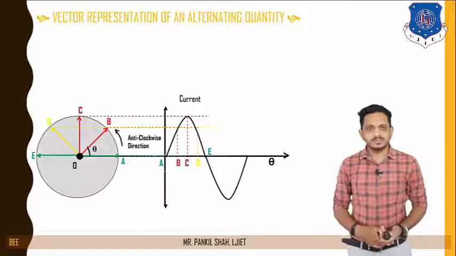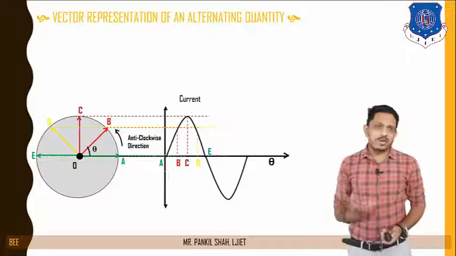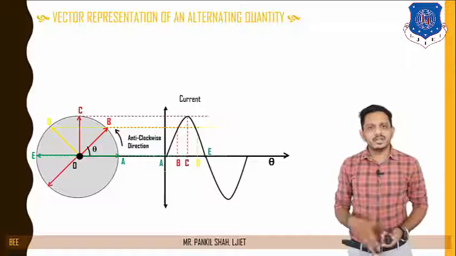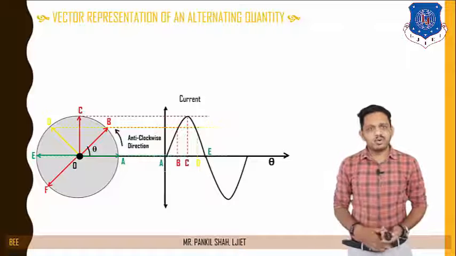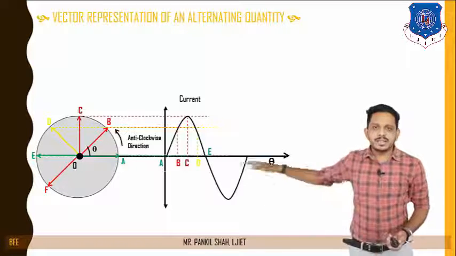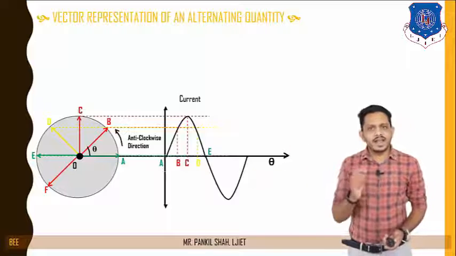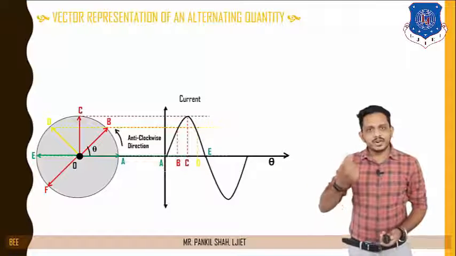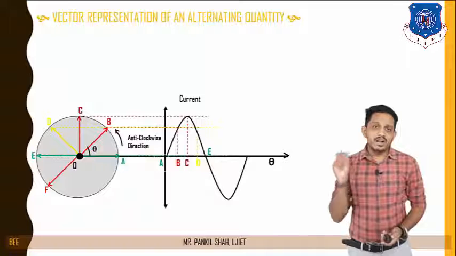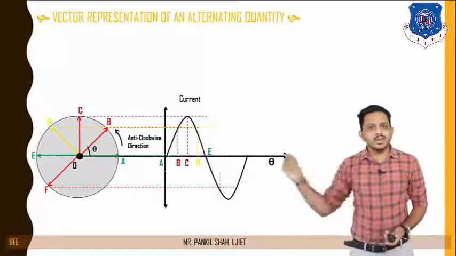If we further rotate our coil in anti-clockwise direction, for example, to some other angle at F, the vector OF will contribute the magnitude in the waveform.